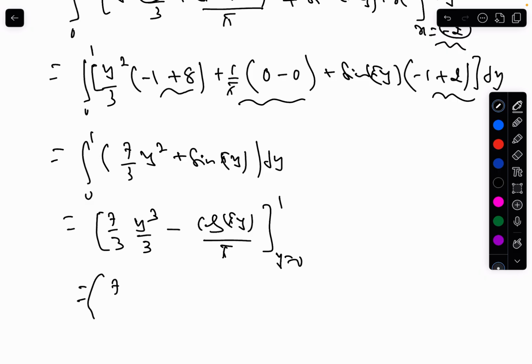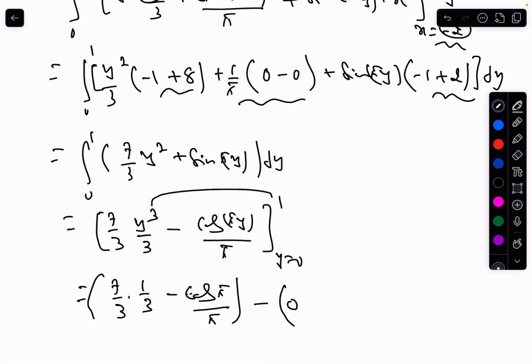So this is now 7 by 3, y is 1, so 1 by 3, then minus cosine pi by pi, and lower limit 0, then this is 0, then minus cosine 0 by pi.